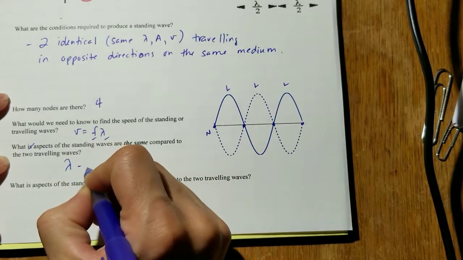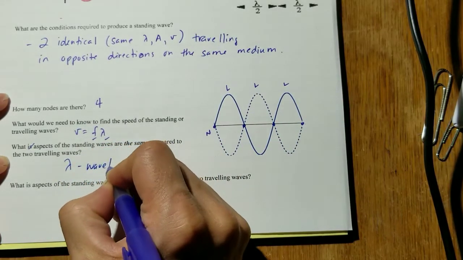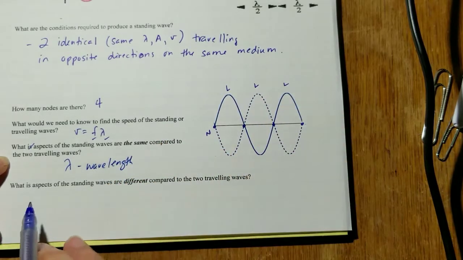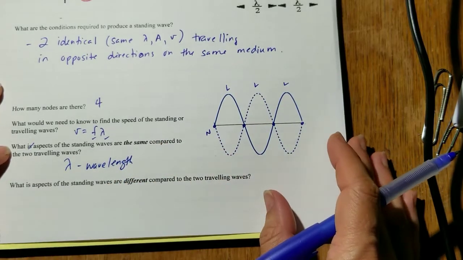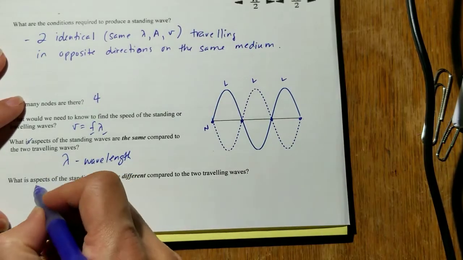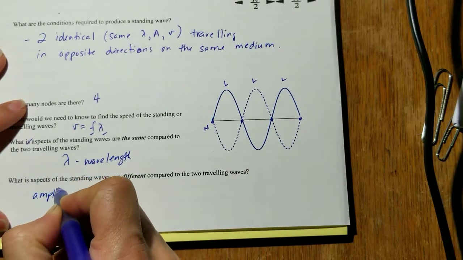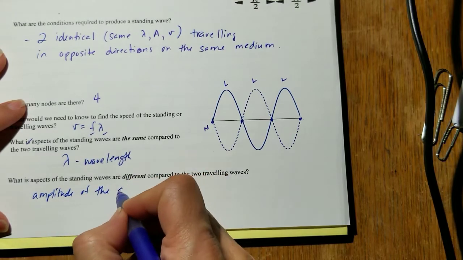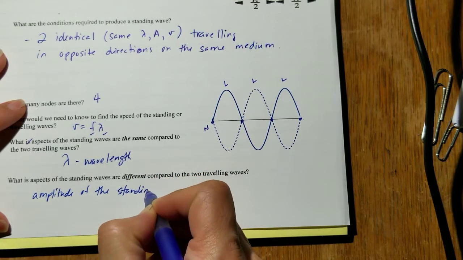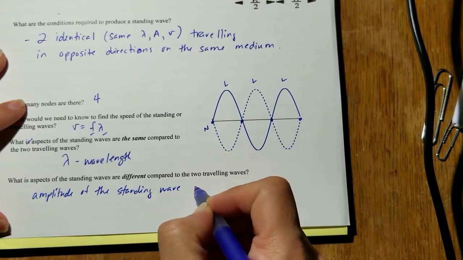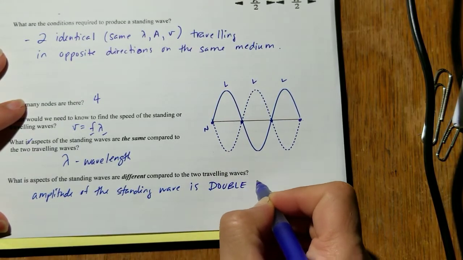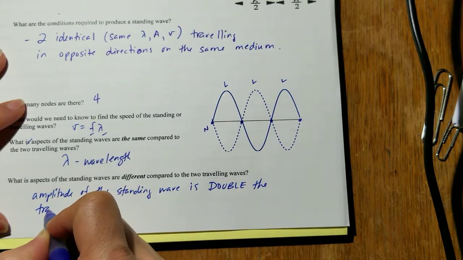It's the wavelength, which we pointed out in the video. What aspect of the standing waves are different? Well, the amplitude of the standing wave is double the traveling waves.